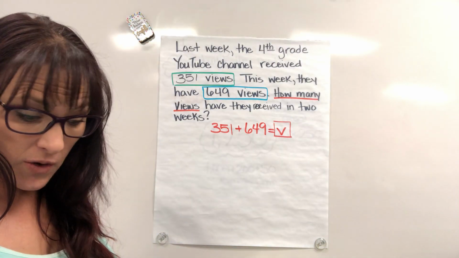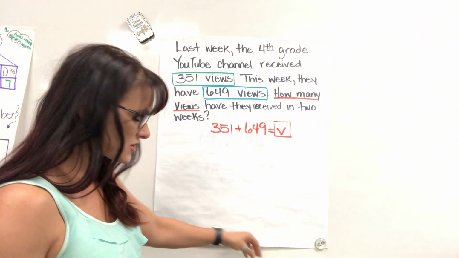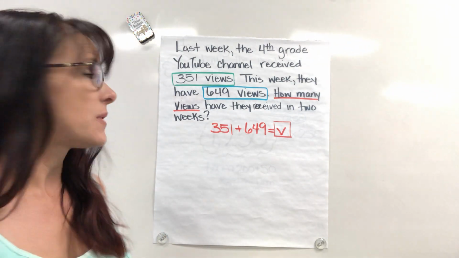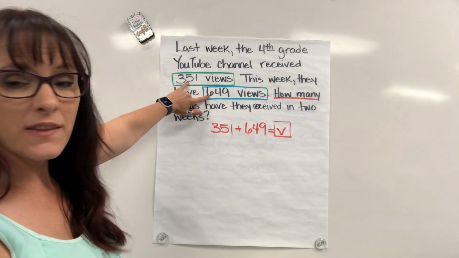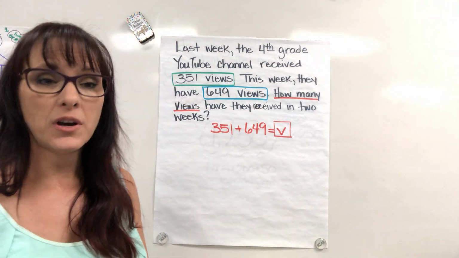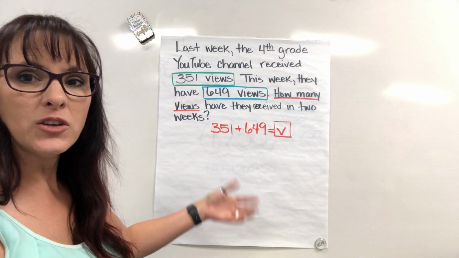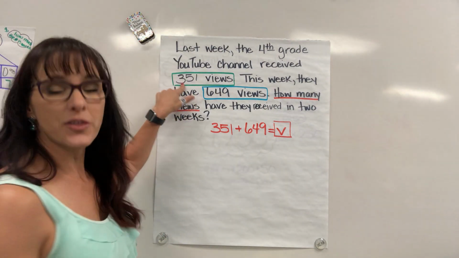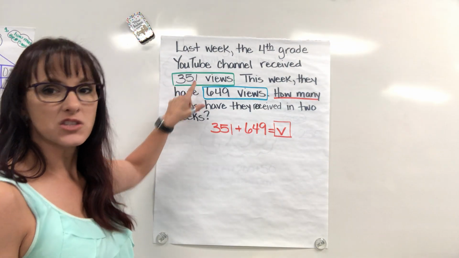So let's go ahead and look at a couple different strategies. One strategy that would work very well with this one is pulling these two numbers apart with the expanded form and showing that place value. Okay, remember, place value is going to show the amount the digit is worth. It's not just a 3, it's not just a 5, it's not just a 1.